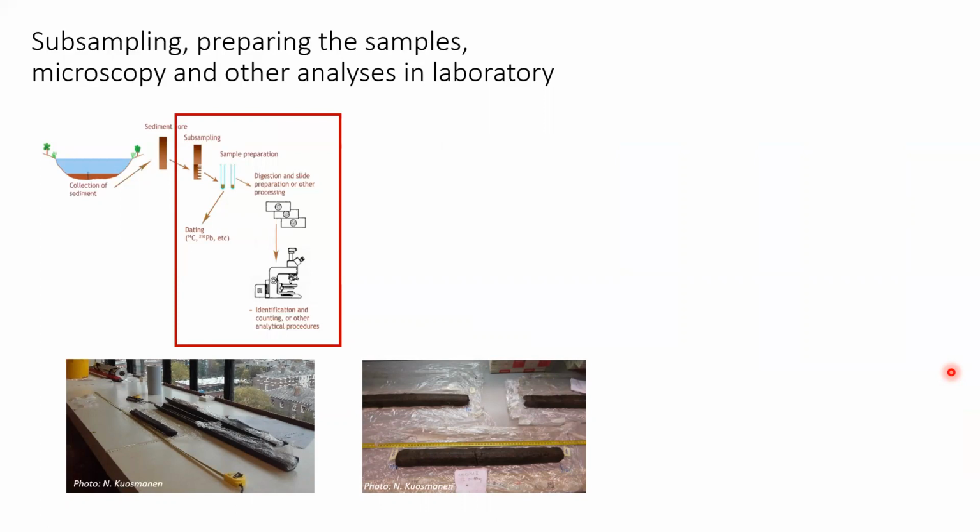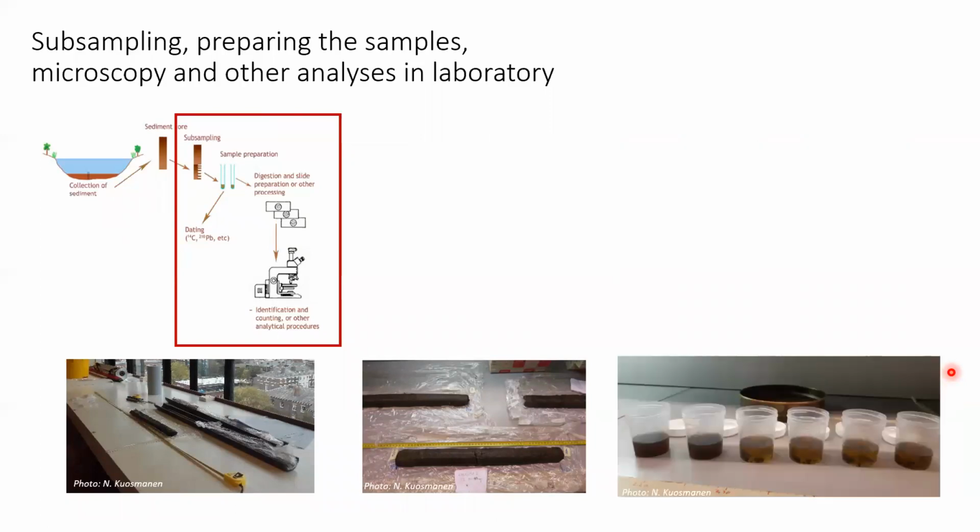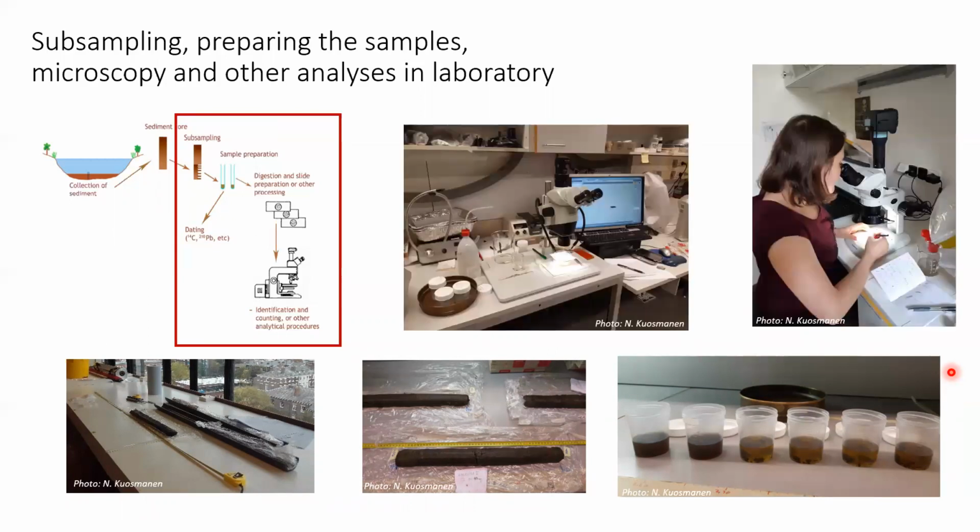And then from these samples you can analyze different kinds of proxies, which I will show shortly. But depending on what we are trying to look for, these samples go through chemical treatments, different kinds of methods. And then when we have the samples, we will analyze them under the microscope or with other devices or ways.